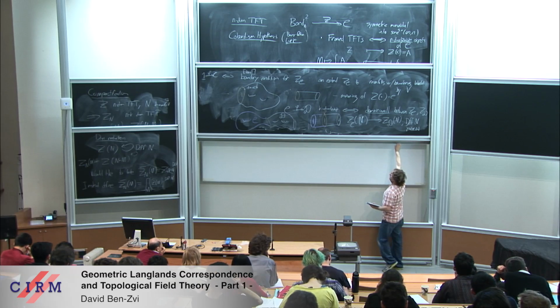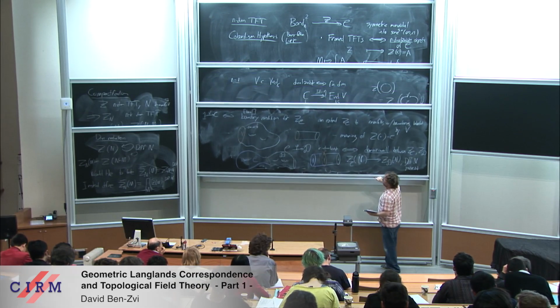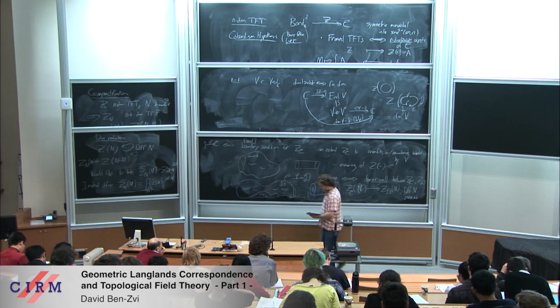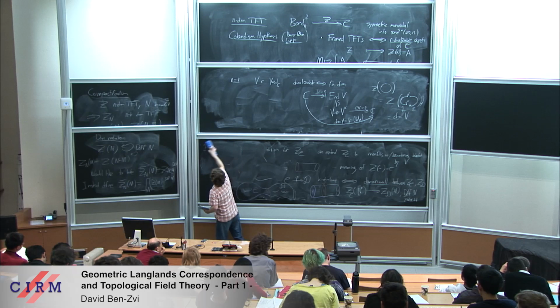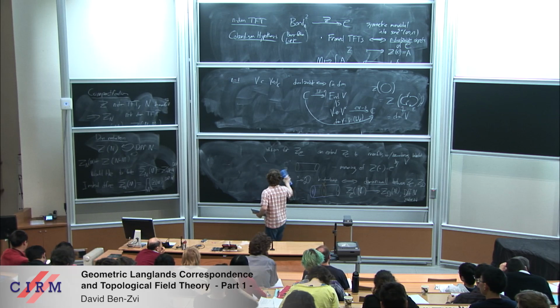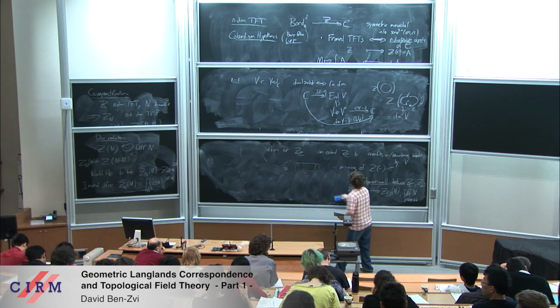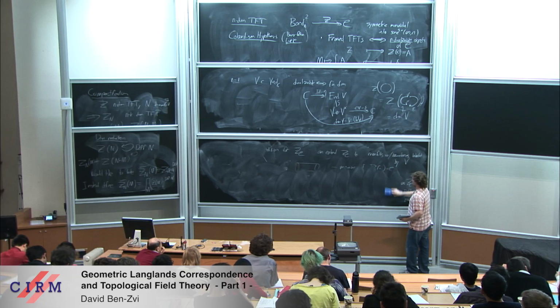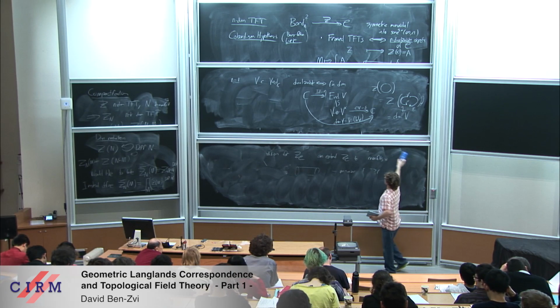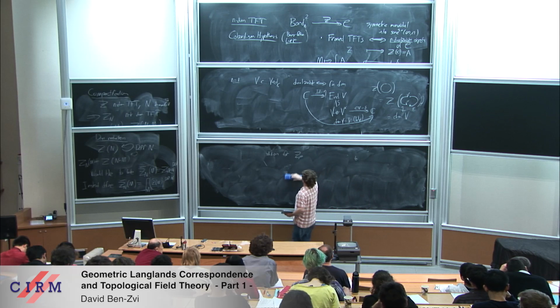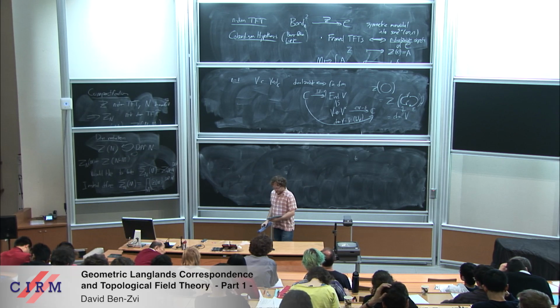Now, what about two-dimensional field theories? So now I'm going to be thinking about C-linear categories, or more concretely, C-linear algebras. And what kind of questions can I ask about C-linear algebras, or DG algebras?